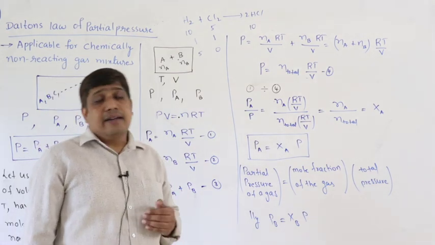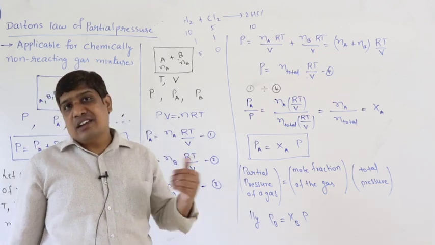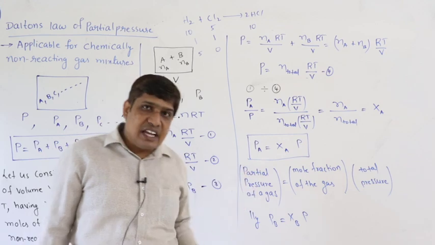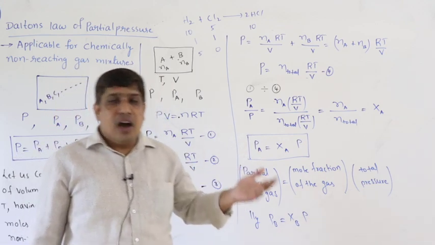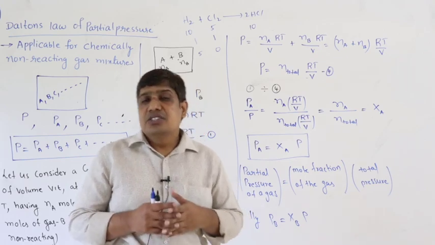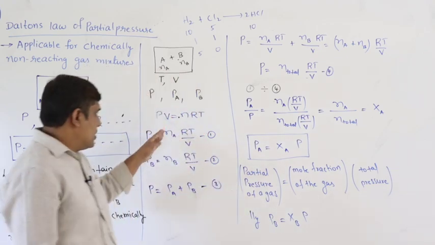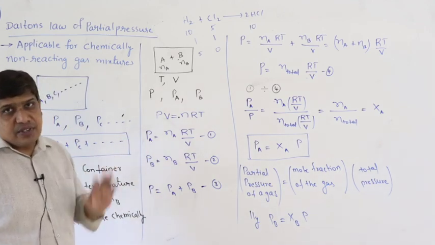Now, what we can do? We can apply Dalton's law if there is an equilibrium or if the reaction is completed. After the completion of the reaction, you can apply, because at equilibrium or after the completion of the reaction, the number of moles will not change. If number of moles will not change, then you can easily calculate the partial pressure.